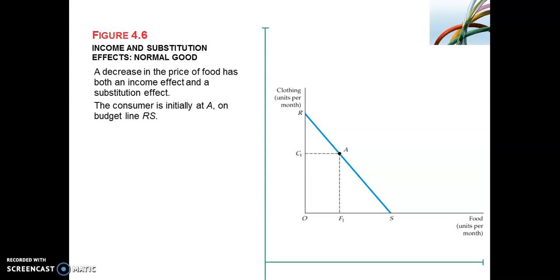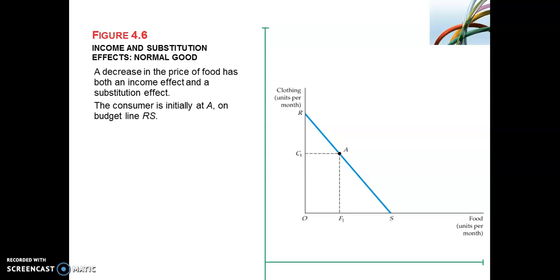So on our vertical axis, we still have clothing, and on our horizontal axis, we have food. And the first budget line is given by this blue line, RS. So this is, of course, for a particular income and price for food and clothing. Now, remember, this scenario is where there is a decrease in the price of food.